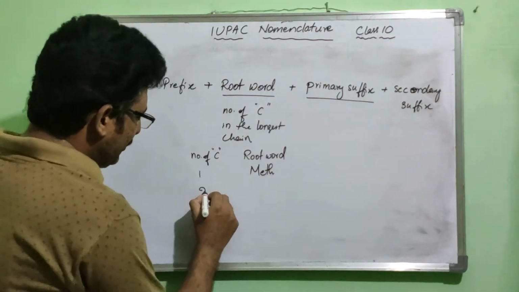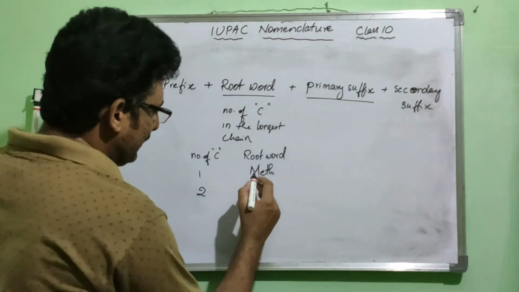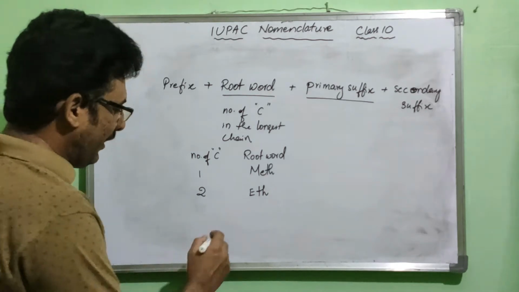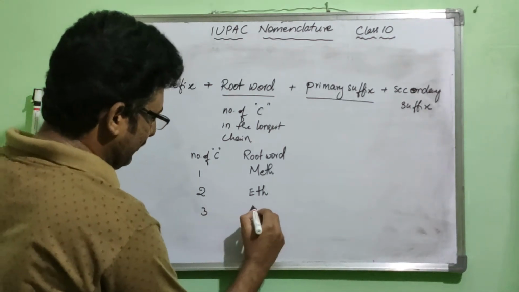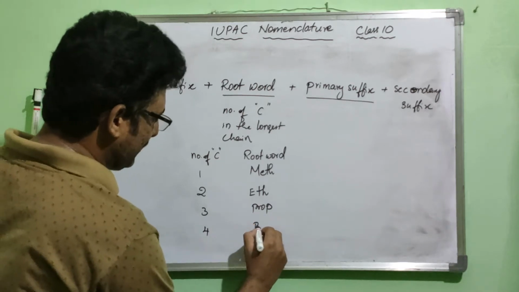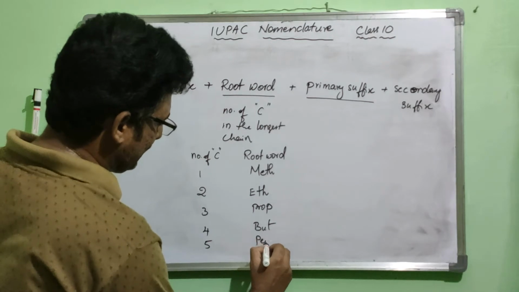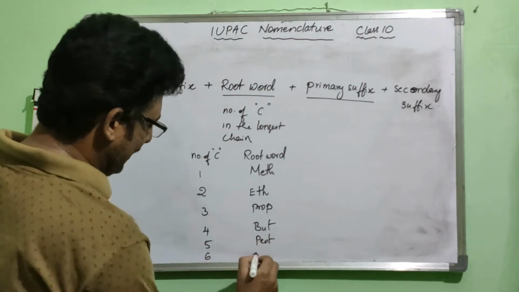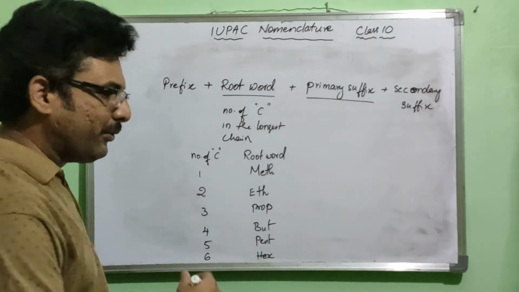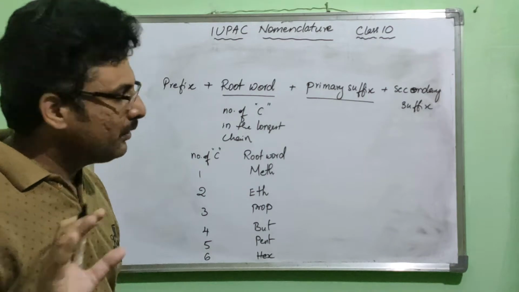If there are 2 carbon atoms in the longest chain of that organic compound, then the root word will be eth. If there are 3 carbon atoms, it will be prop, for 4 carbon atoms it will be but, for 5 carbon atoms it is pent, and for 6 carbon atoms it will be hex. We are not going beyond 6 carbon atoms for this class 10 level.